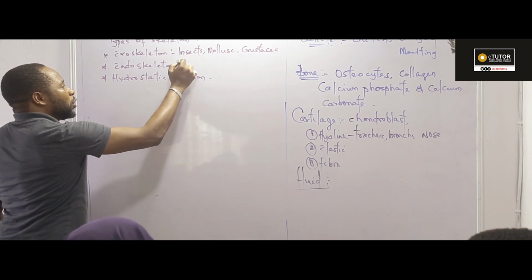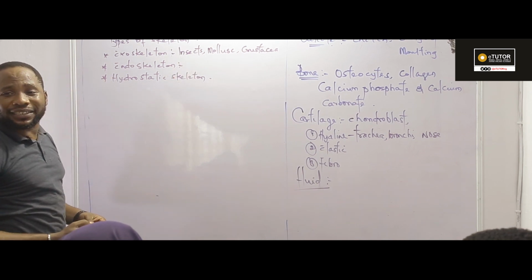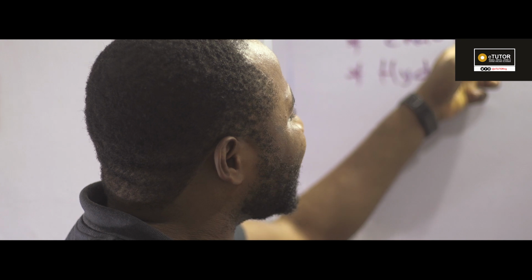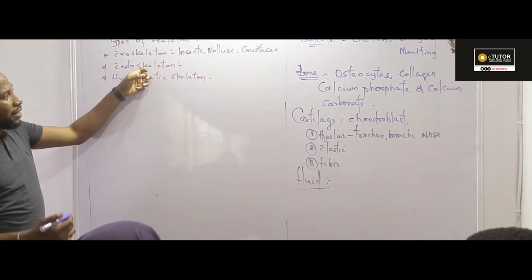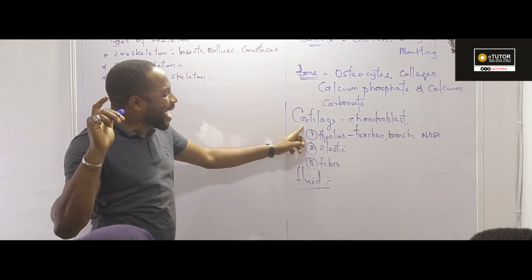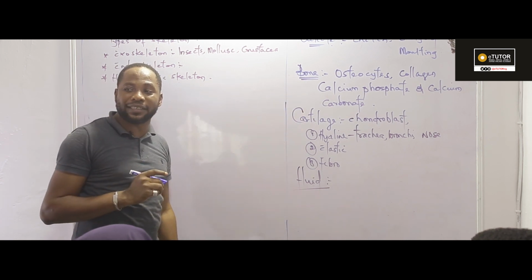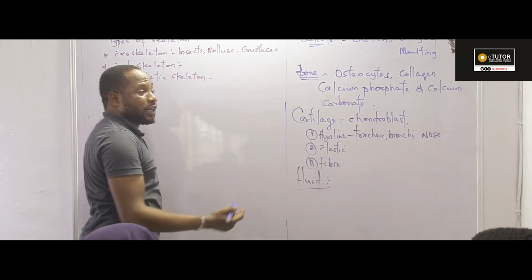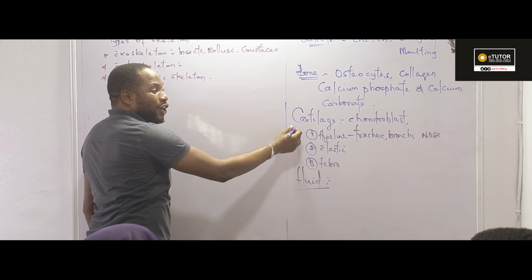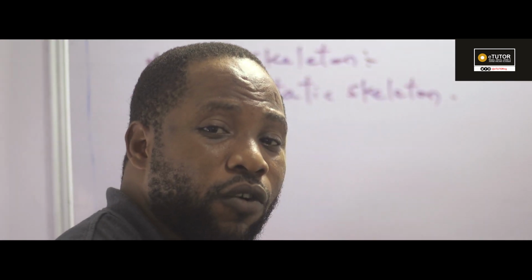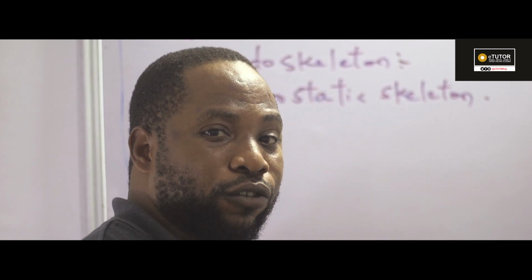Number 2, endoskeleton. This is the type of skeleton found inside the body of an organism. The animals that have this type of skeleton have bones and cartilage as their form of skeleton. So, they don't undergo ecdysis because both bone and cartilage consist of living cells. So, as the body grows, so also the skeleton grows.